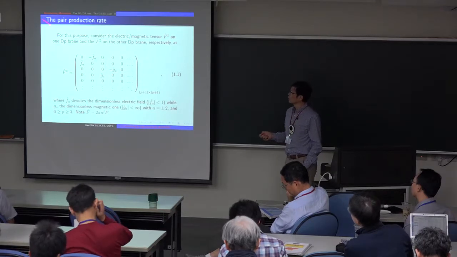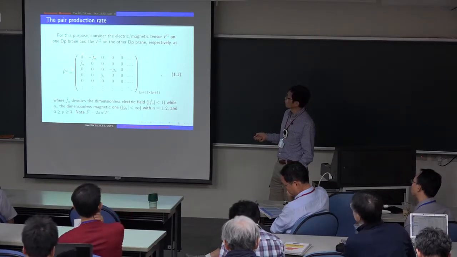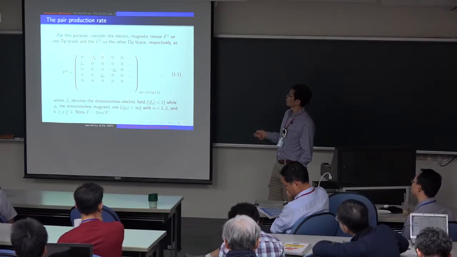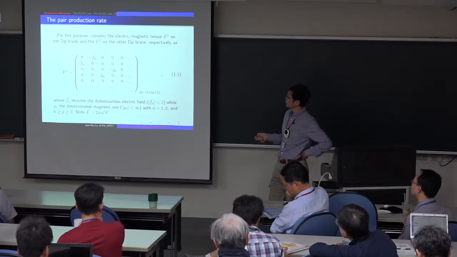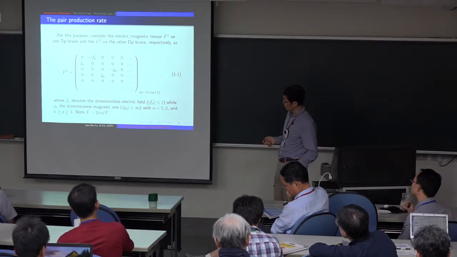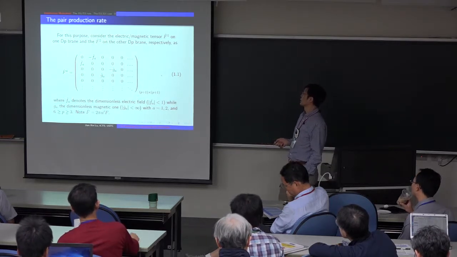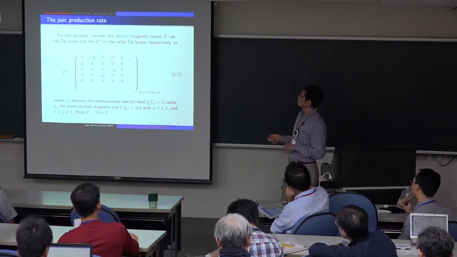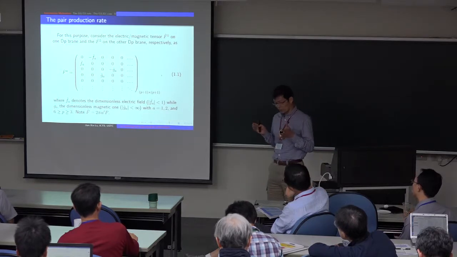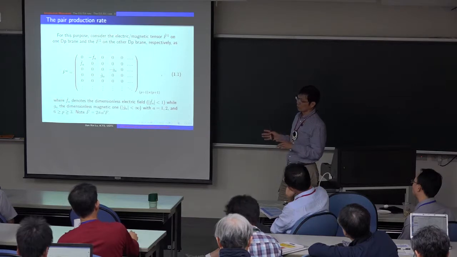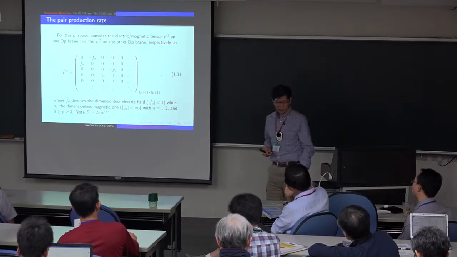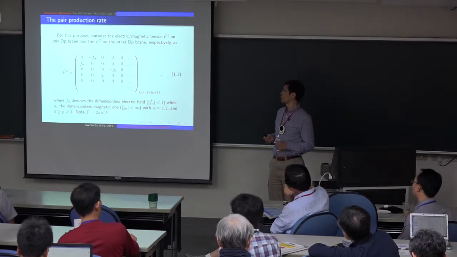Basically, for example, if the electric flux is pointing in one direction, the magnetic flux has to be in three directions, has to be this way. That's the most efficient way to enhance the pair production. The reason is pretty simple. We know the larger the electric flux difference between the two branes, we expect the larger the pair rate to create.